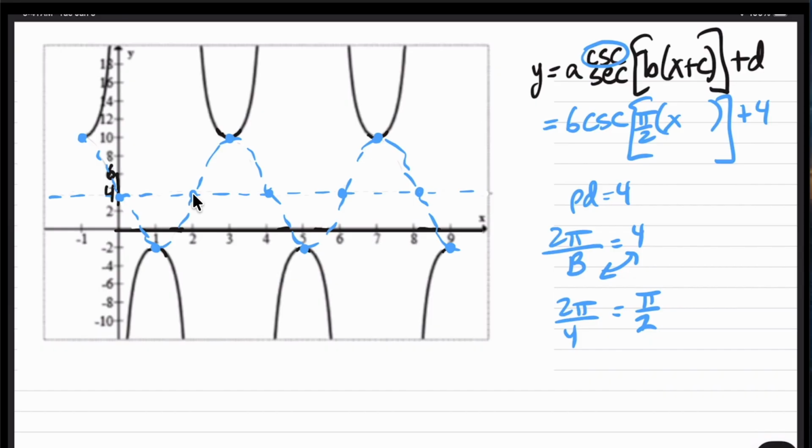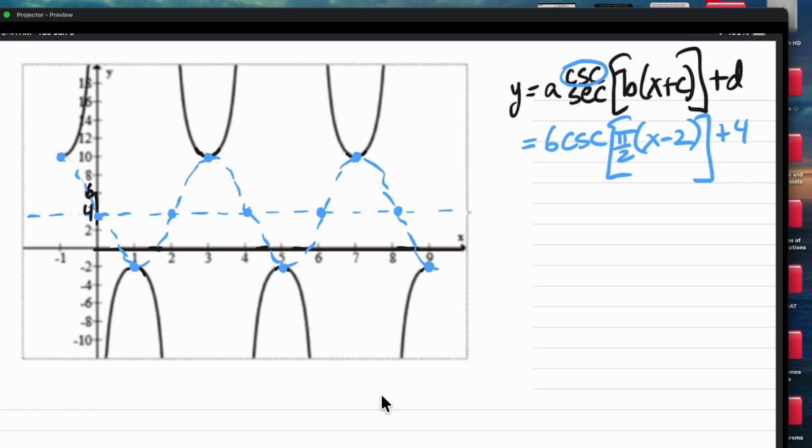So normally that would be at 0. We could see it's been shifted to the right 2 units. That's going to manifest in a minus 2 inside the parentheses. Or we could take that center value as the phase shift, and we could say x minus 6. So everything else would stay the same, except x minus 6 would be placed where x minus 2 is located.